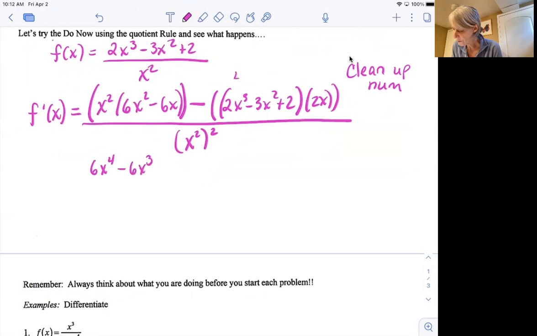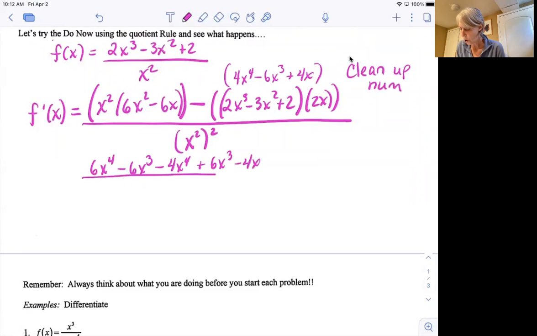Now here I would have 4x to the fourth minus 6x cubed plus 4x, but remember, I've got that negative out front. Minus 4x to the fourth plus 6x cubed minus 4x, all over x to the fourth.